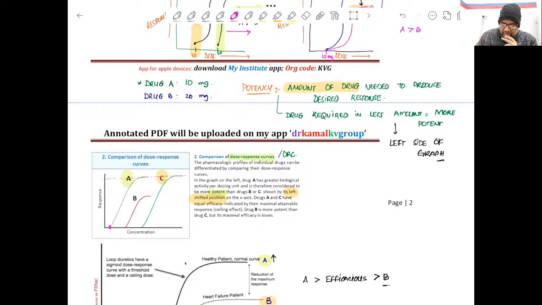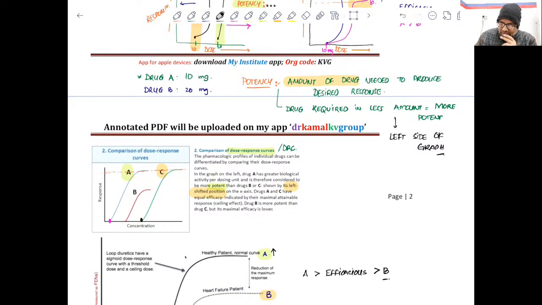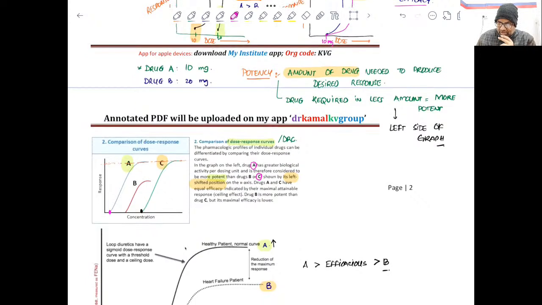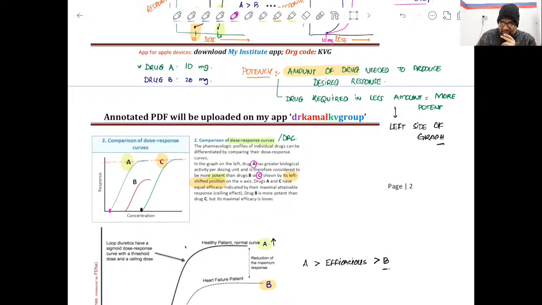Obviously we need very less dose of A as compared to the amount of drug needed by the C. So that's why we are saying that A is more potent than drug C, because we need less dose to produce the same effect. Clear? So this is potency.